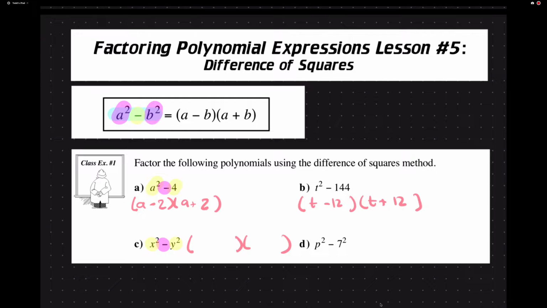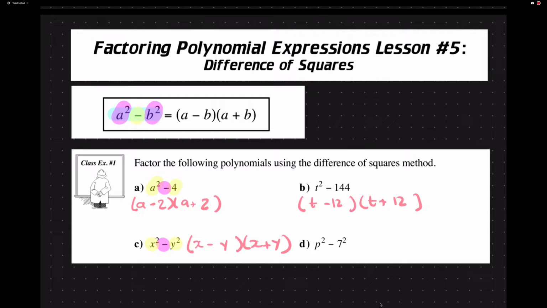The only difference here is that we don't have a number in the second term of that binomial. But this will again break down to x minus y and x plus y. And again, you can just use FOIL and expand that, and you would get back to x squared minus y squared.